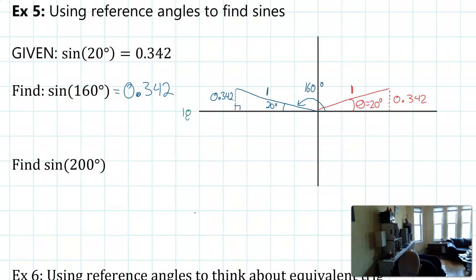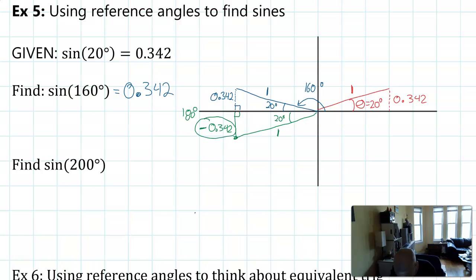And let's see if we can find the sine of 200. Well, I know that this is 180 degrees, so 200 would be 20 degrees more. So I'm again looking at a reference angle of 20 degrees. Well, all of these triangles are congruent. They've just been reflected into different quadrants. However, when I label these sides, it's going to have a value of 0.342, but it's pointing downwards now. So that's negative 0.342.